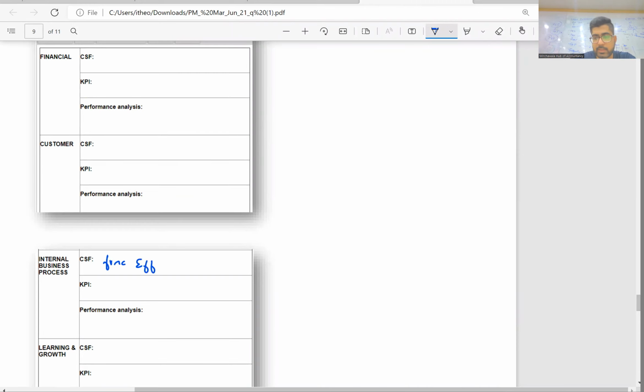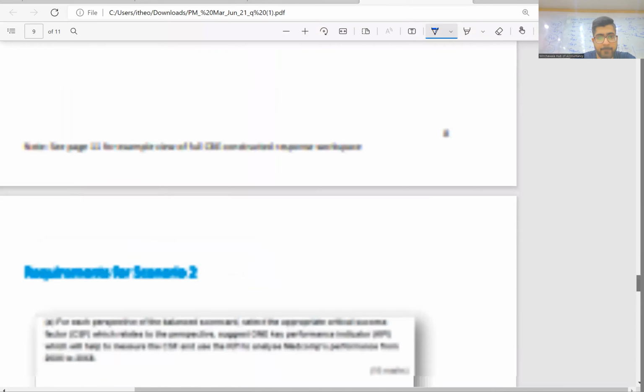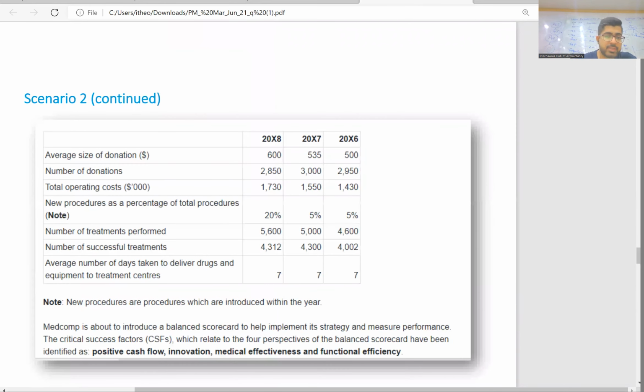Okay, the critical success factor for the internal business perspective is functional efficiency. The indicator to measure functional efficiency from the data is 7 days, 7 days, 7 days. That's the number of days taken to deliver drugs and equipment. This is a measure of efficiency. This is the KPI indicator to measure the CSF, that is functional efficiency.